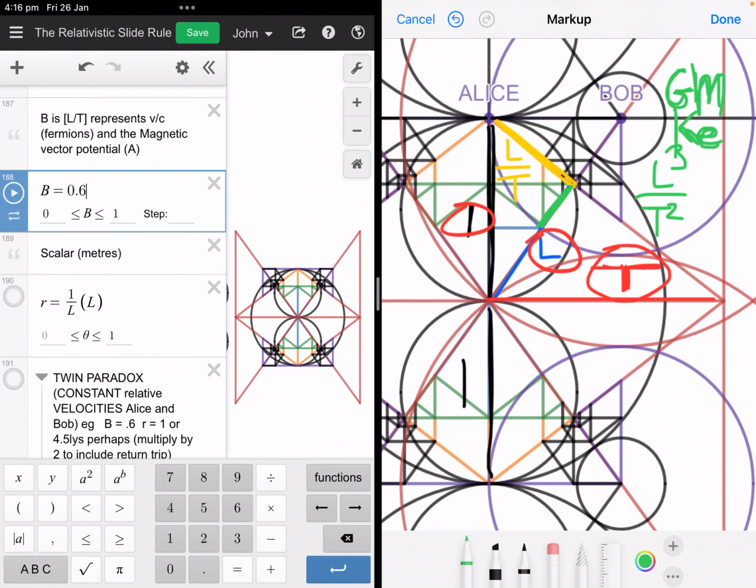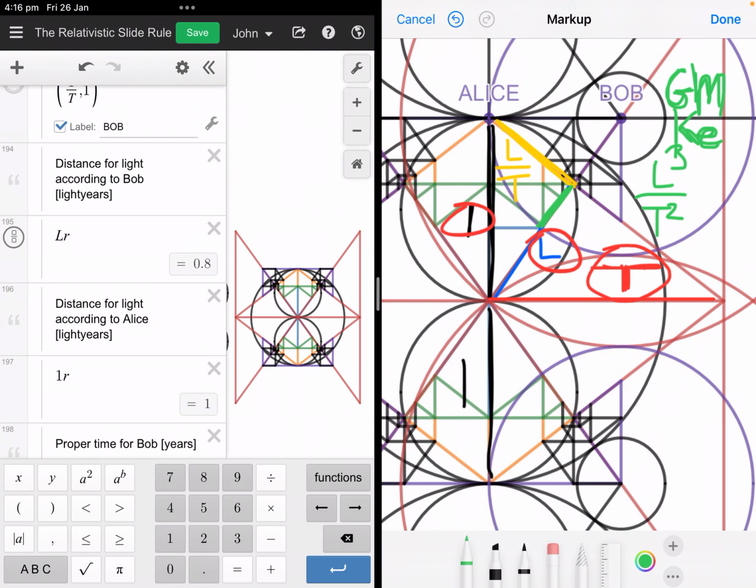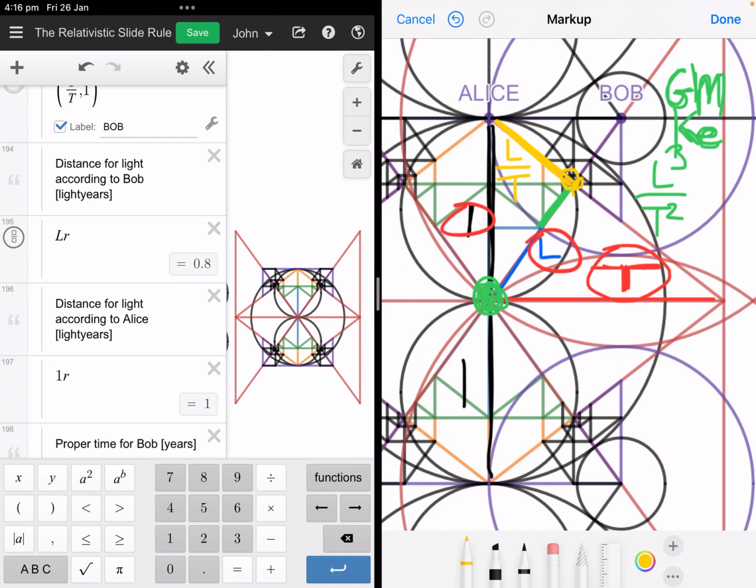And in the twin paradox, the distance according to Bob from Earth to, say, Alpha Centauri, it's going to be 0.8 of what it is for Alice.